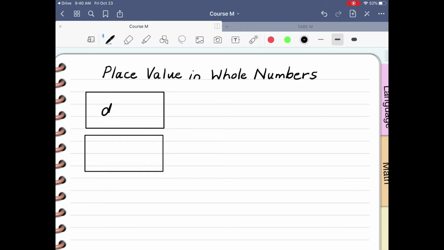You need the flashcard that has the word digit, and the flashcard that has the phrase place value. So this lesson has two vocabulary terms, and I want to take just a minute to talk to you about the importance of vocabulary in math. I won't say most, I'll say all branches of science have their own vocabulary.